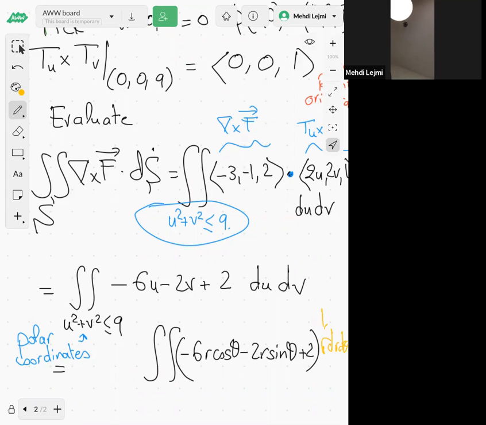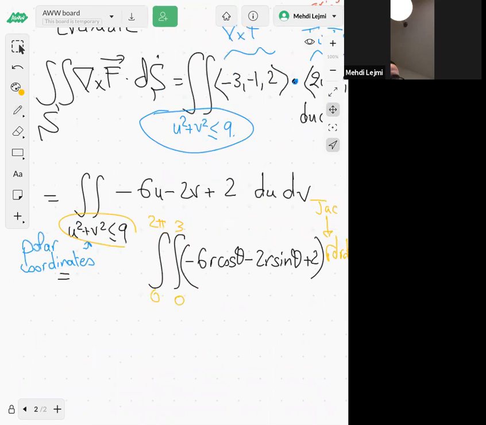Don't forget the Jacobian r. So r is between 0 and 3, and theta is between 0 and 2 pi. This is very straightforward. I think the answer in this case would be 18 pi. The integral is very easy to compute, and so the answer actually is going to be 18 pi.